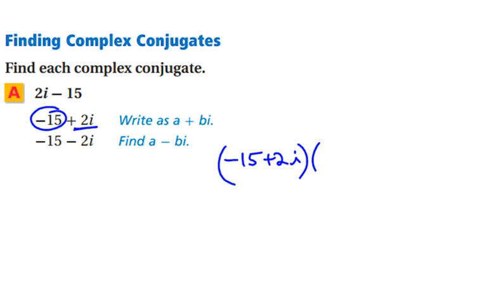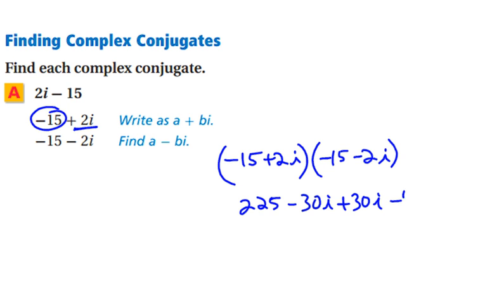If we now multiply this by negative 15 minus 2i, good things are going to happen. Namely, those i terms are going to drop out. So when we multiply this, negative 15 times negative 15 is 225. Negative 30i plus 30i and minus 4i squared.